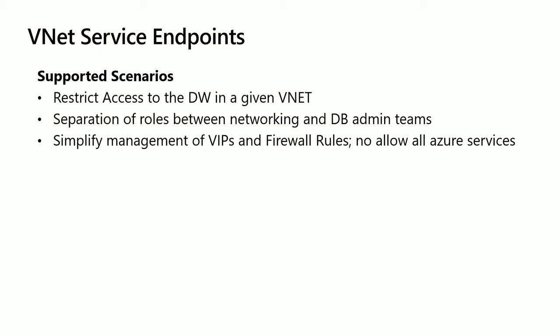So this is, again, a good defense in depth strategy. You have a simplified management now of your VIPs and your firewall rules, and you can uncheck this box called Allow All Azure Services, which I actually had one customer call the most evil button in all of Azure. So uncheck the Allow All Azure Services, allows you to interact with other PaaS services and still be secure from that standpoint.